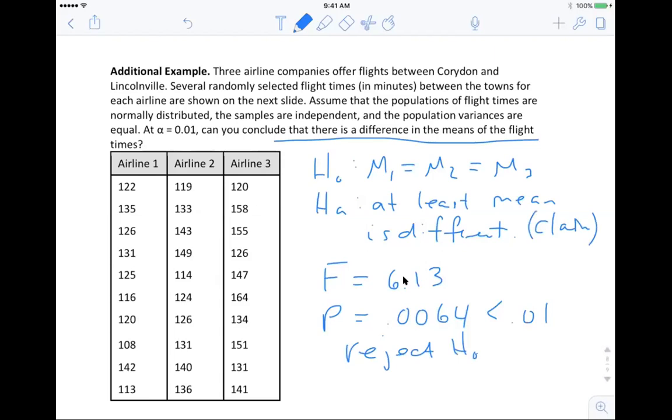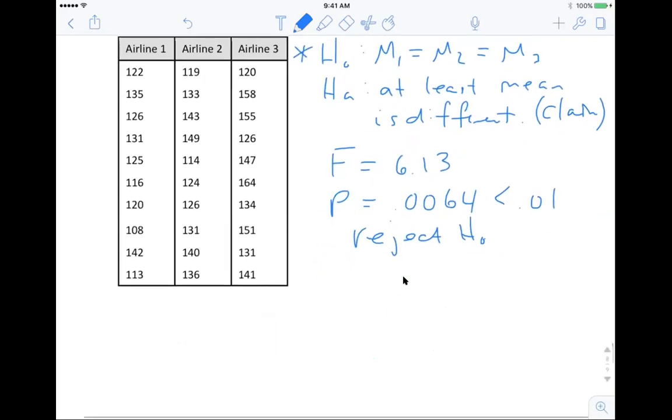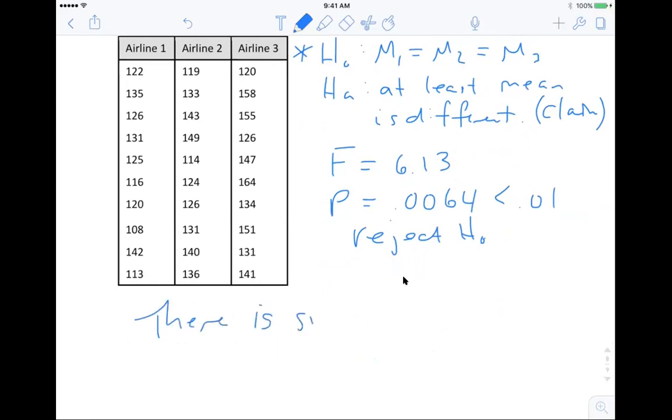Yes, we can, because we've just rejected that they are the same, so we can support HA. So there is sufficient evidence to support the claim that they are different. Here's my chicken scratch.